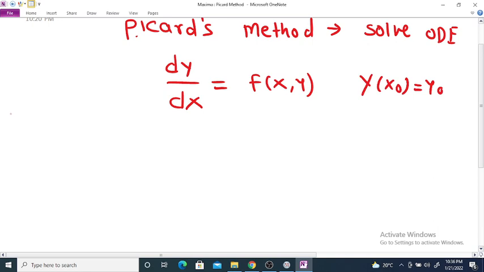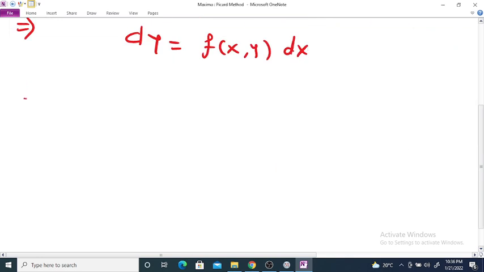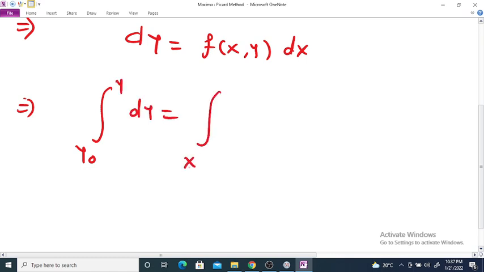Now to solve this differential equation using Picard's method, we can write it as dy is equal to f of xy dx. Now integrate this equation: integral of dy from y0 to y is equal to the integral from x0 to x of f of xy dx. So the left hand side is y minus y0, which is equal to the integral x0 to x f of xy dx.